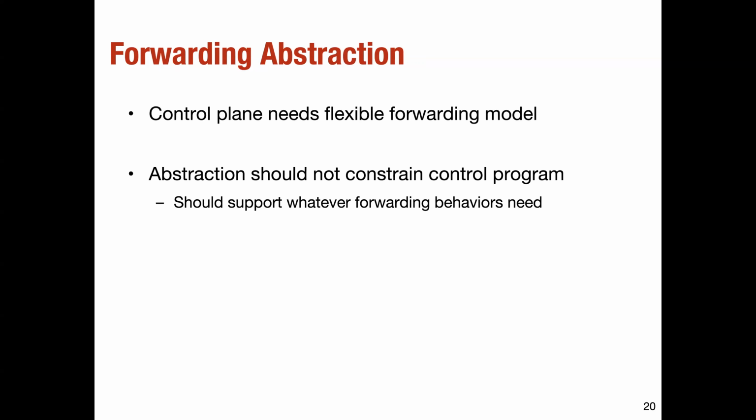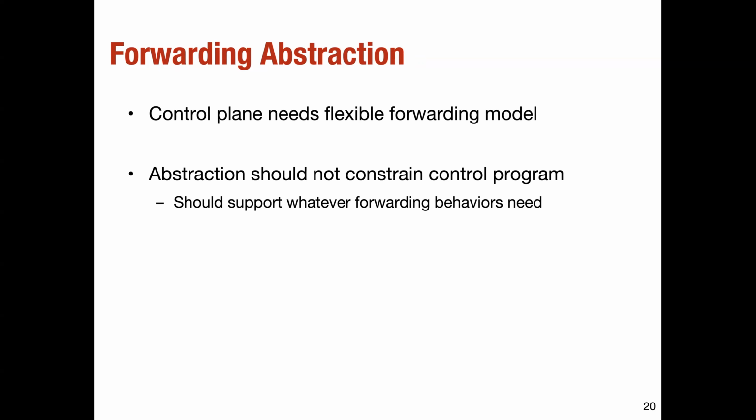And then the third abstraction is the forwarding abstraction. So the control plane needs a flexible forwarding model, right? When we have a control plane, it needs to decide a certain set of actions for the data plane, right? So it needs a flexible forwarding model that it can operate on. And the forwarding abstraction that is provided should not constrain the control program itself.